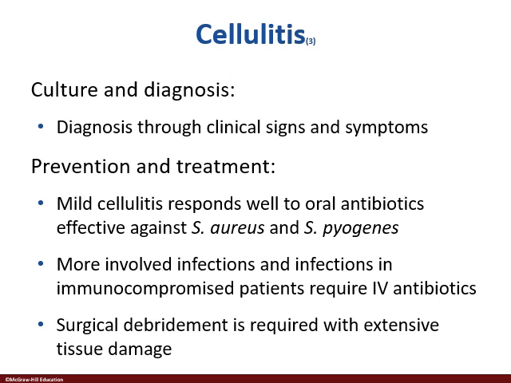If it's spread, the patient has waited too long to go see their doctor, nurse practitioner, or PA, then you're going to have to go to IV antibiotics. This is going to require hospitalization. If it's an immunocompromised patient, definitely hospitalization, high dose IV antibiotics.